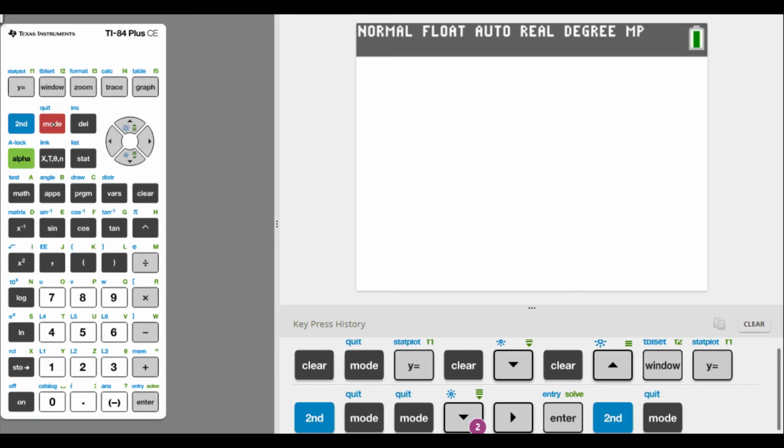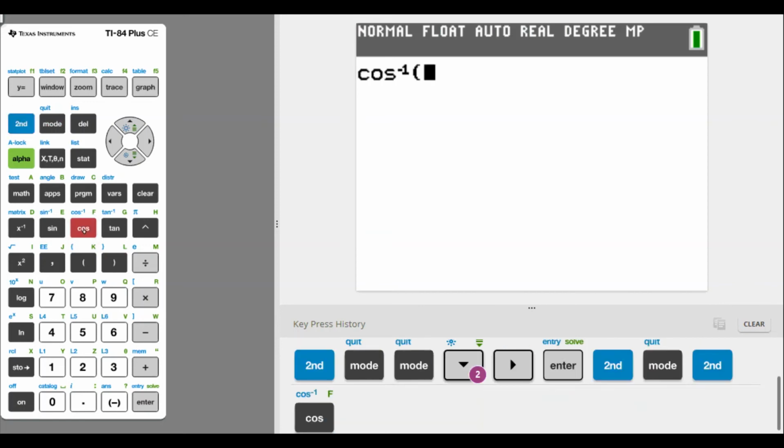Now again, we had cosine of theta is equal to 5 over 8. We want to find theta, so you hit second cosine. Every time you're looking for an angle measure, always hit second and the ratio. Notice we have sine, cosine, tan, but we don't have cosecant, secant, and cotangent. So you have to take the reciprocal of the ratio. If it's a fraction, you flip it.